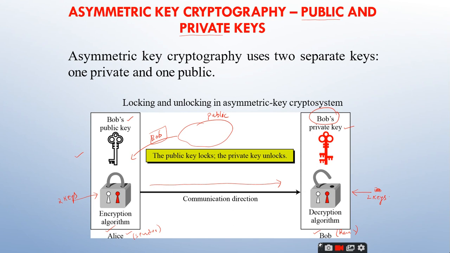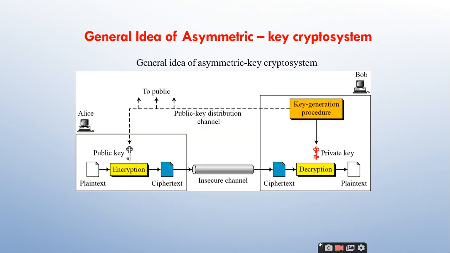So this is the general idea behind the asymmetric key crypto system. Very simple. Here is the sender, Alice, and this is the receiver, who is called Bob.